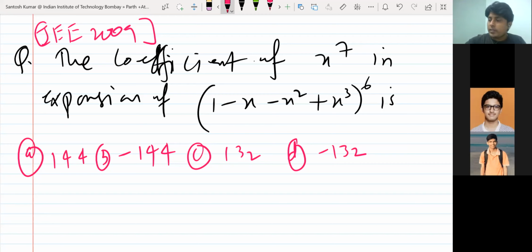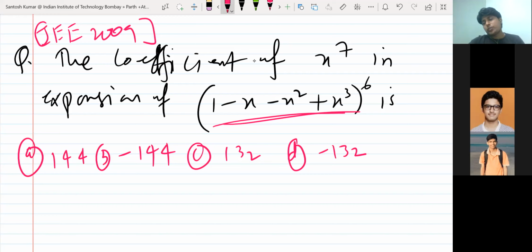So can you factorize this term? Yes or no?